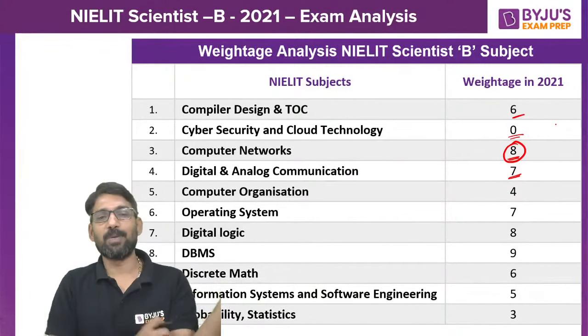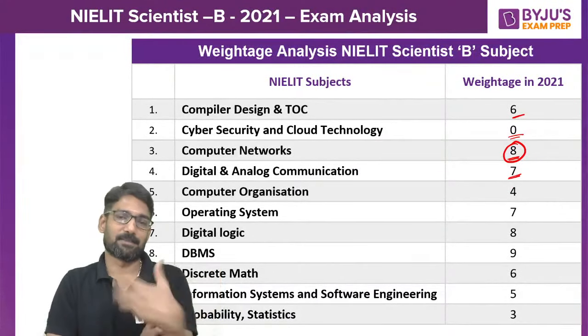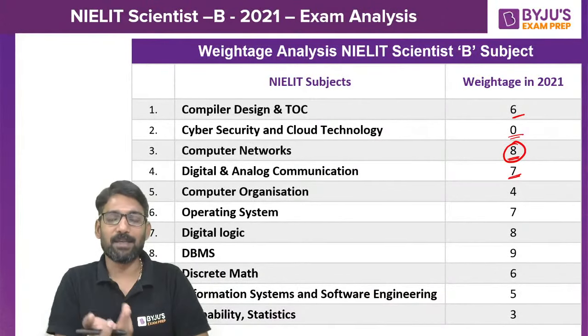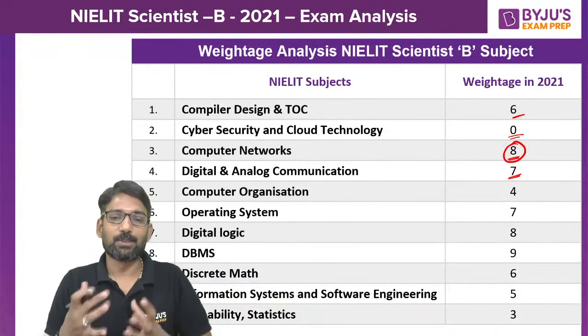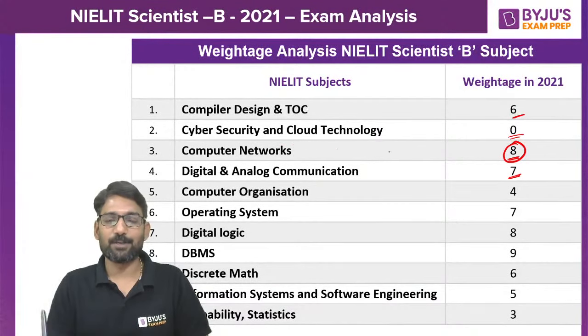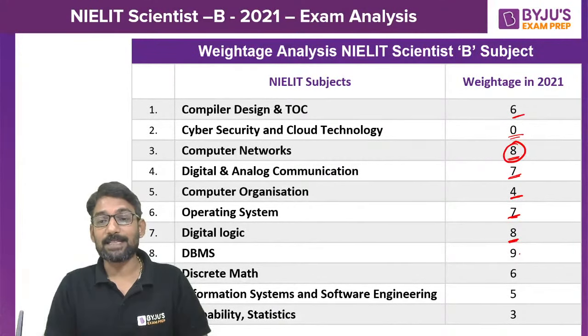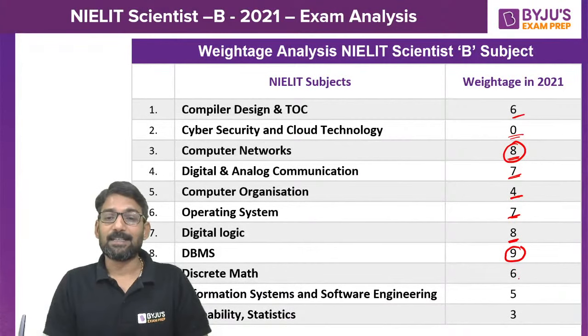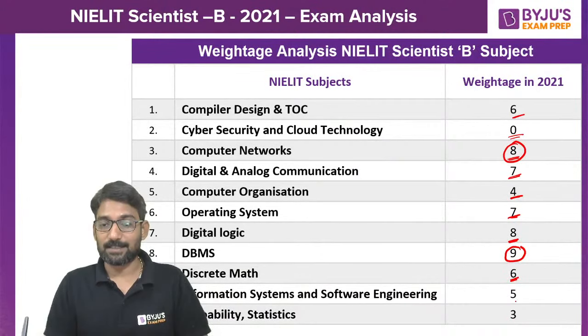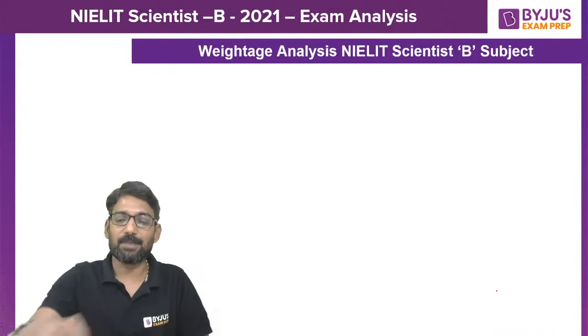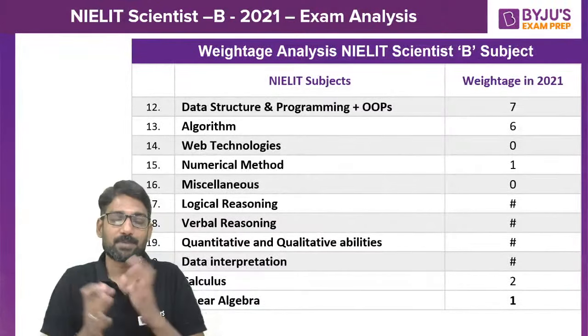I think this would be a little difficult for CS background students, because you might not be that good in this subject. From computer organization, just 4 questions, but from operating systems, 7. From digital logic, 8; DBMS, 9; discrete math, 6; information systems and software engineering, 5 questions; probability and statistics, 3 questions.